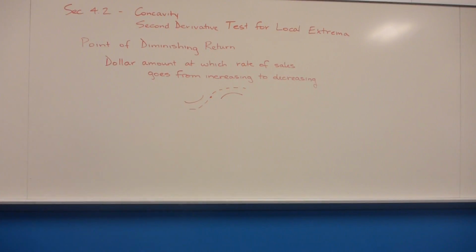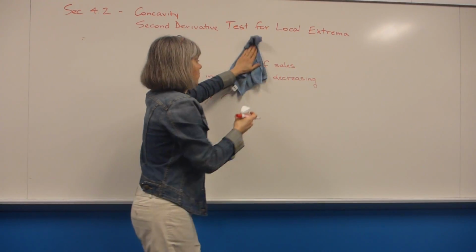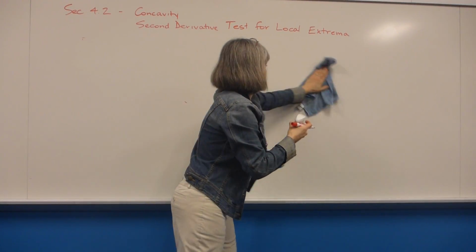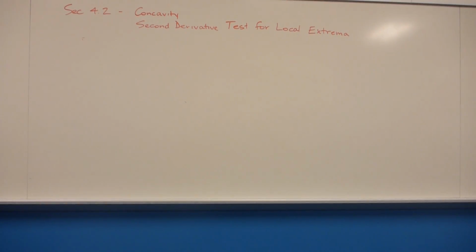Okay, so let's write it up. So we're basically looking at when the rate is increasing and decreasing. So not the actual function, not the actual sales, but the rate of sales. So let me write up the equation.